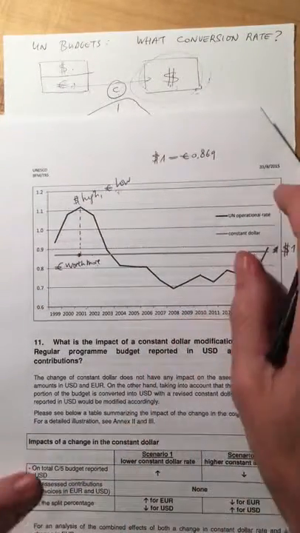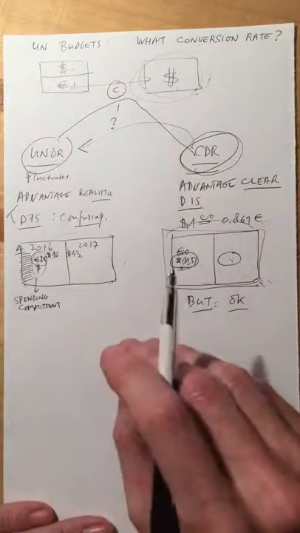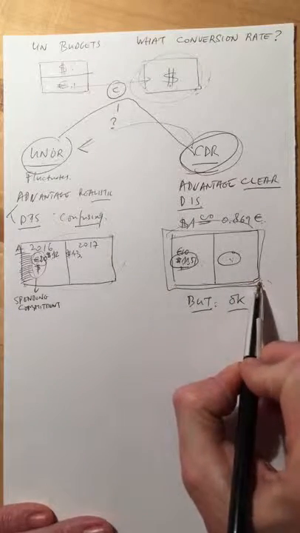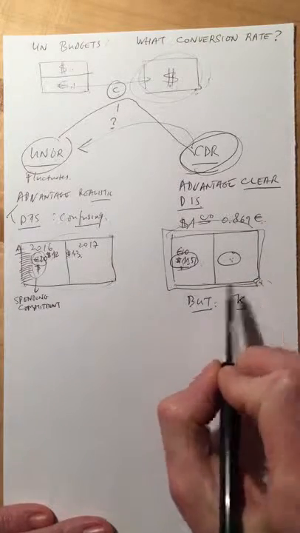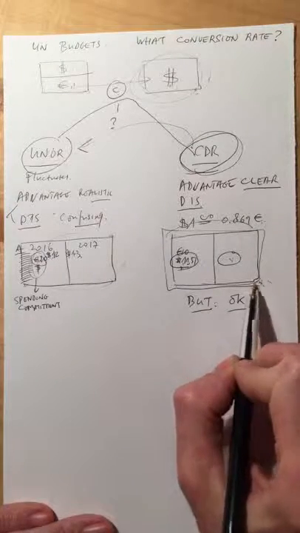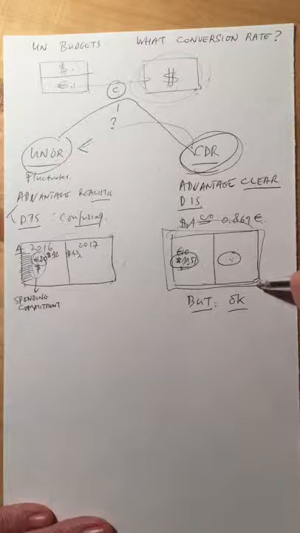Now, what does UNESCO do about that? This is the end of my story. As we get close to December 2017, at the end of the biennium, UNESCO will ask member states, do you want to adapt the constant dollar rate to the market rate?